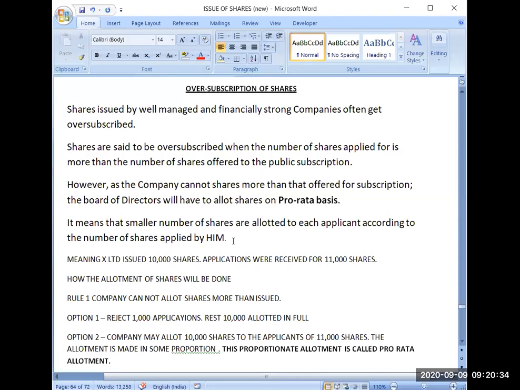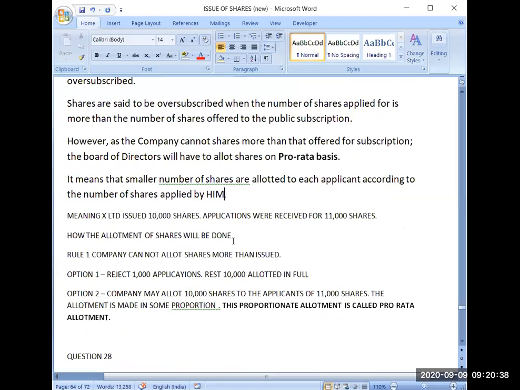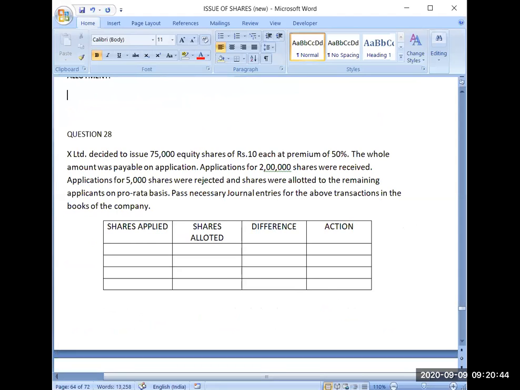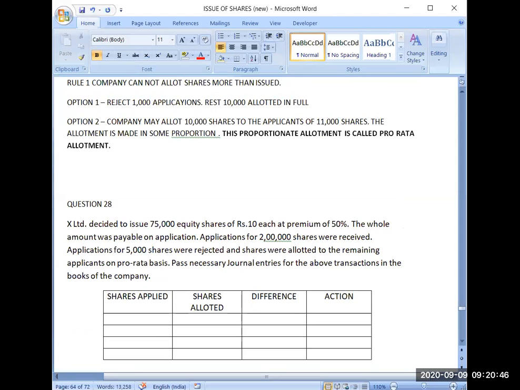So till here everything is clear, I hope. The meaning of oversubscription is clear. Then the meaning of pro rata allotment is clear. So now there are three types of allotment which we can do. One is full allotment.